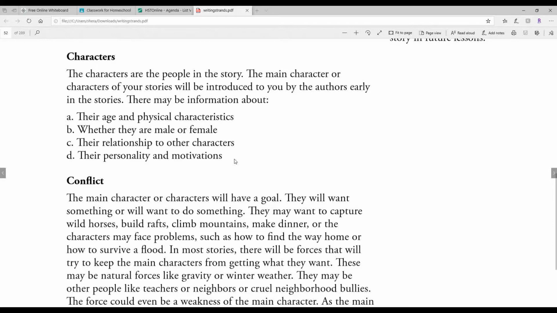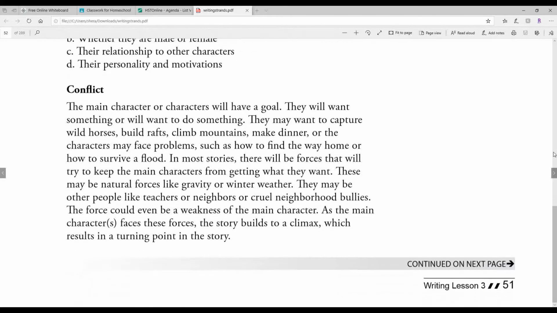Another part is called conflict. Now the main character or characters will have a goal. They will want something or they'll want to do something. They may want to capture wild horses, build rafts, climb mountains, make dinner, or the characters might face problems like how to find their way home, how to survive a flood. In most stories, there will be forces that will try to keep the main characters from getting what they want.